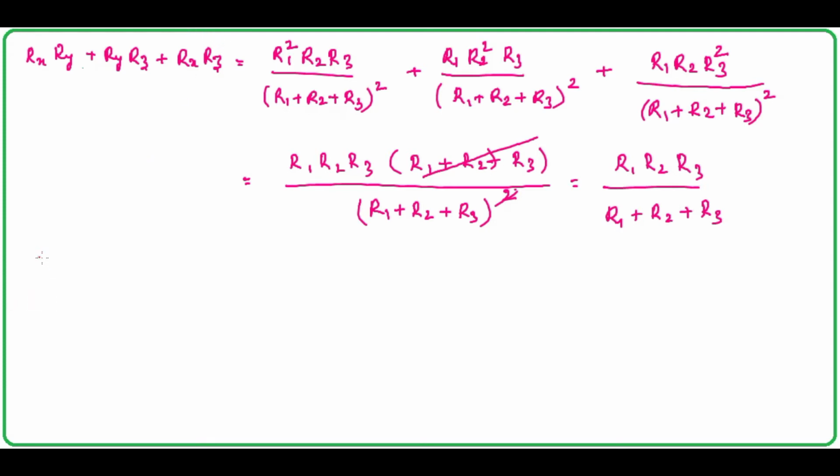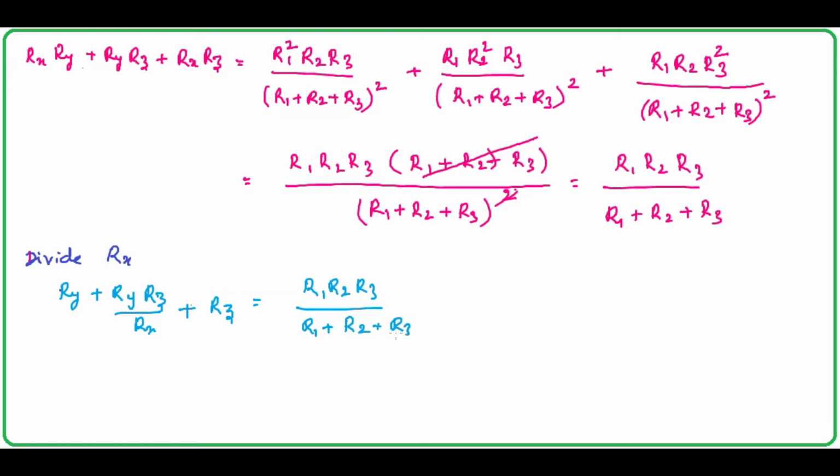Now we need to divide this with Rx. If we divide with Rx, it will be remaining with Ry plus RyRz divided by Rx plus Rz, which is equal to R1 R2 R3 divided by R1 plus R2 plus R3, into, since we are dividing this with Rx, let me write Rx here.